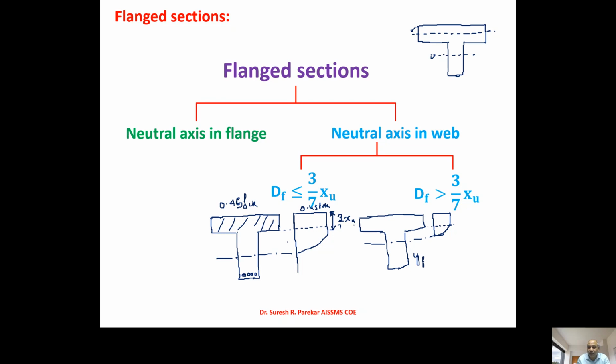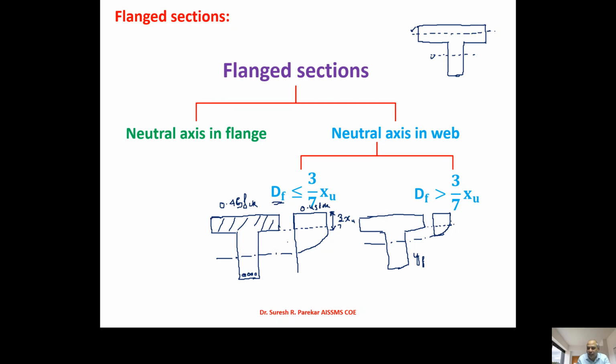So why are we making two separate cases? Try to understand this. When our df value is less than 3/7 XU, the flange has the same stress 0.45 FCK, because the height of the rectangular block is greater than the flange.